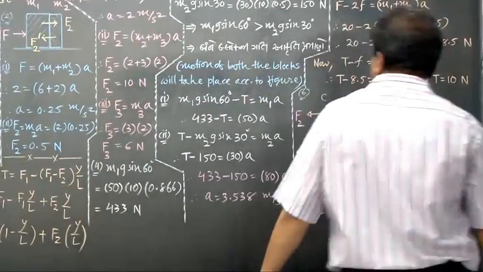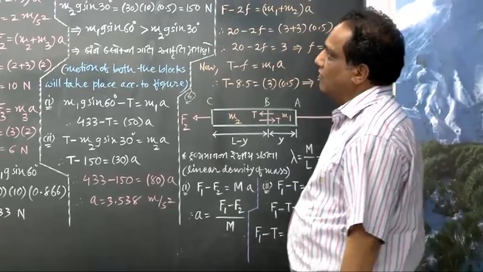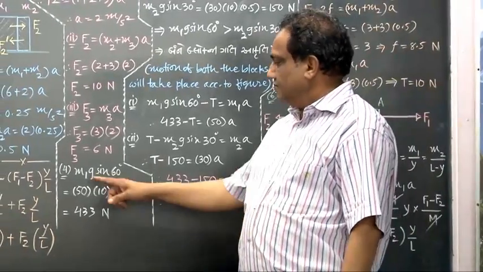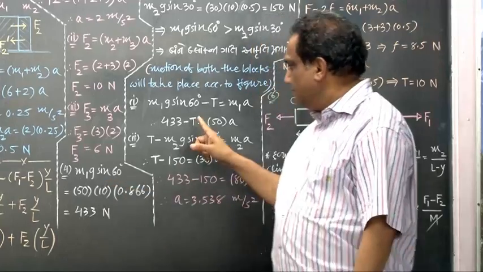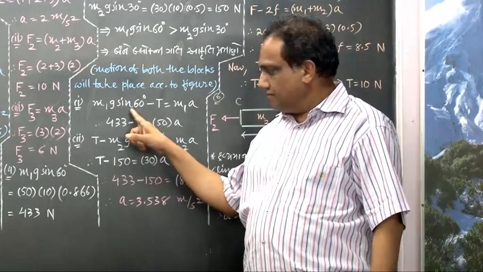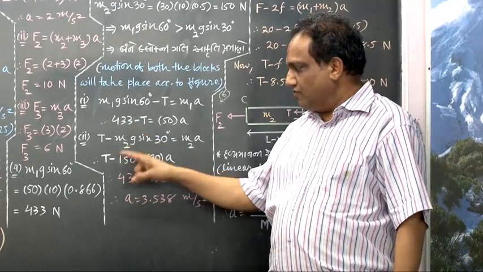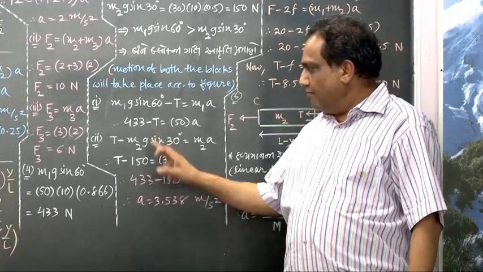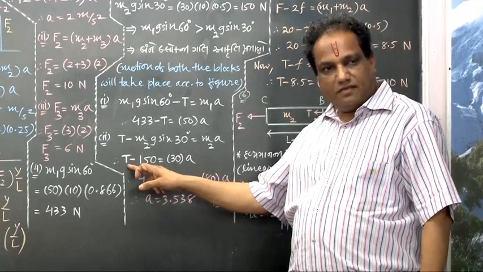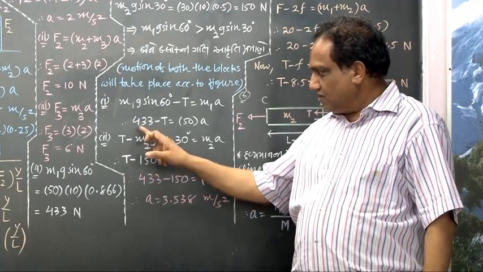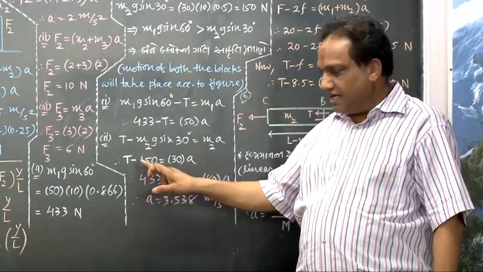Question number 4. So that 50 plus 30, you did 80 here. You add both the equations. When we add these two, what will happen? Minus T plus T cancels. So this plus this, A, but here it is minus.